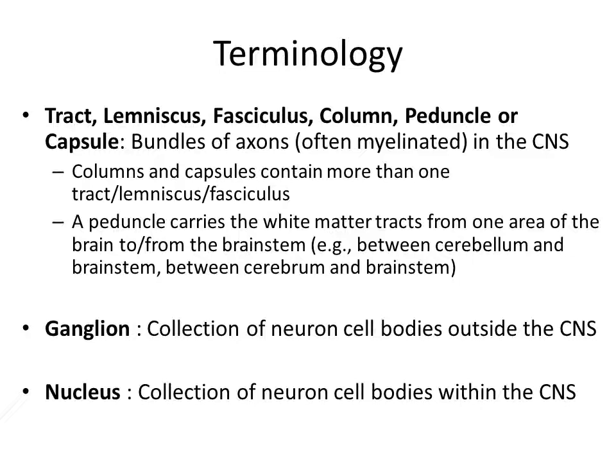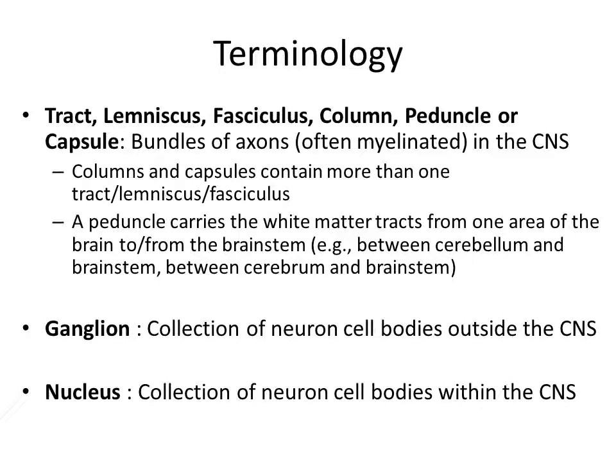Then we have columns and peduncles or capsules. Columns, peduncles, and capsules tend to carry more than one tract or lemniscus or fasciculus. For example, there's an area in the spinal cord that is called the dorsal column. Within the dorsal column are two fasciculi, the fasciculus gracilis and fasciculus cuneatus.